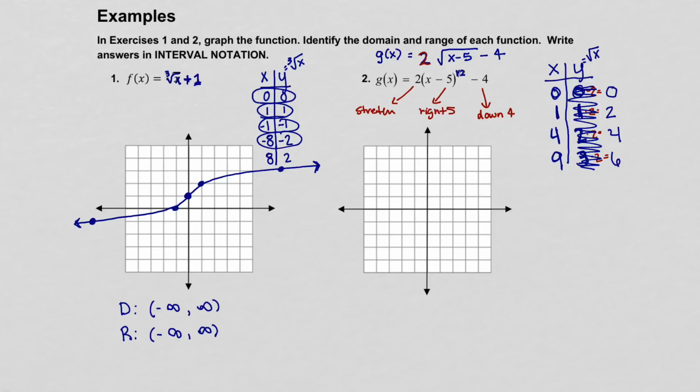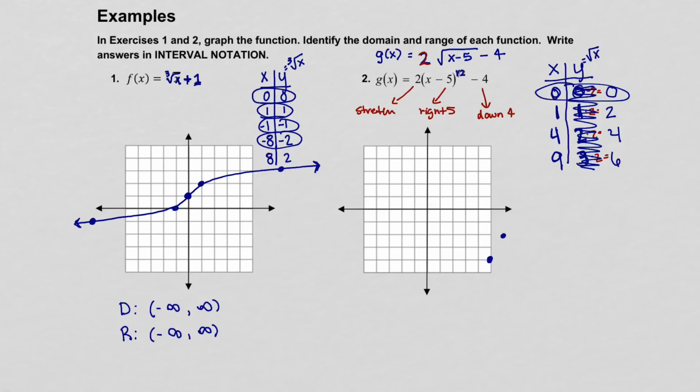So let's start that. Instead of starting at 0, 0, I'm going to start right 5 and down 4, which puts me right here. That's my new origin, so to speak. That's my new 0, 0. So that's what I just graphed right here. From there, I'm going to go to the right 1 and up 2. So I know it's off the graph, but we're just going to kind of eyeball it here, right there.